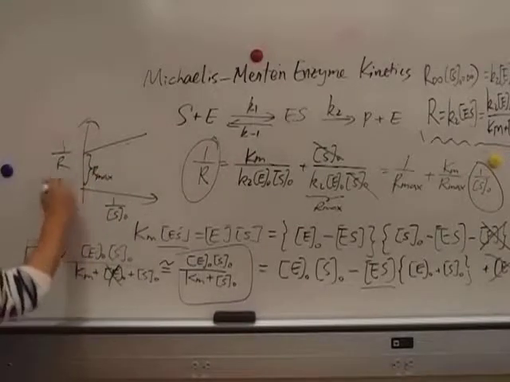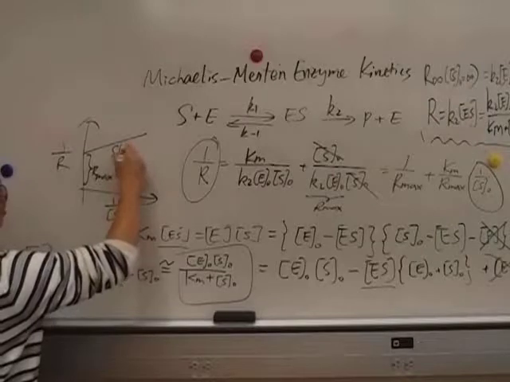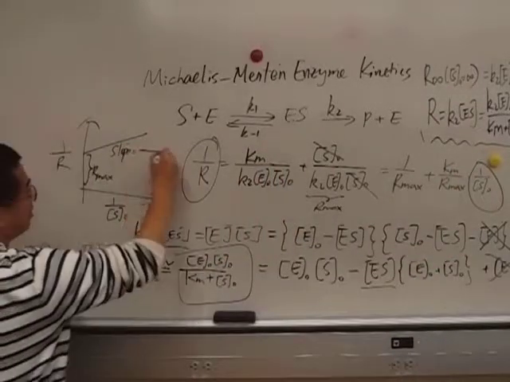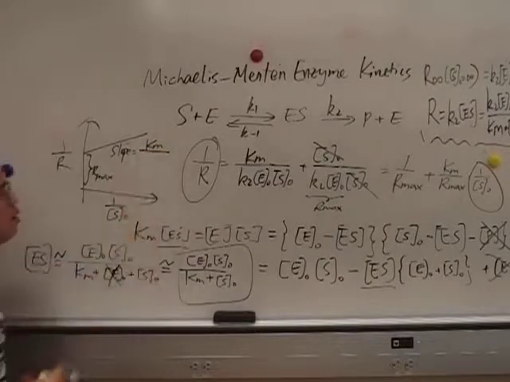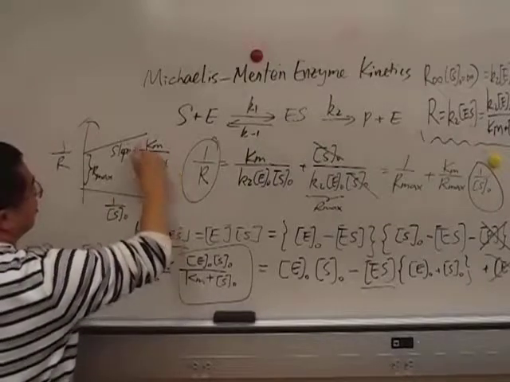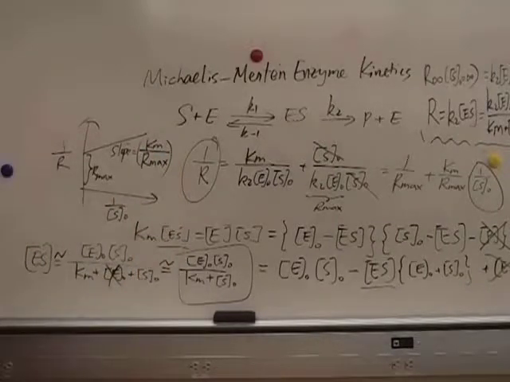So this is the intercept, and the slope is positive. It's the composite Michaelis-Menten equilibrium constant over R max. Done.